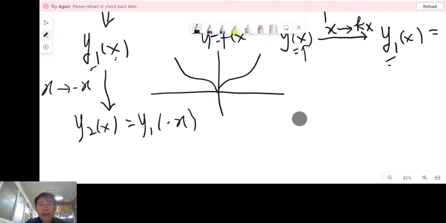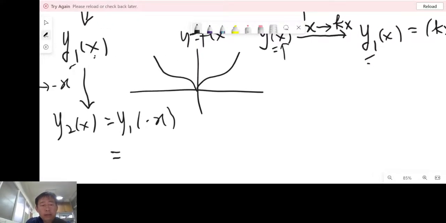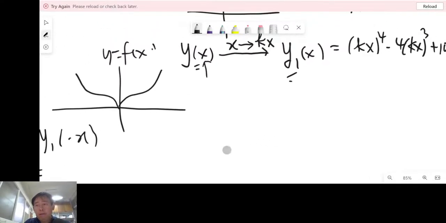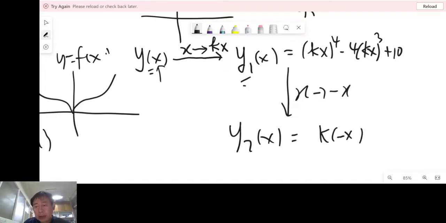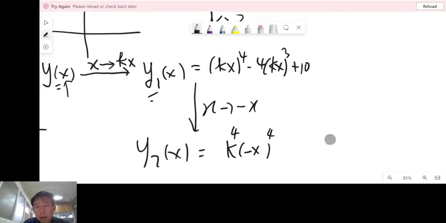So you can then find out the expression of y2 from this expression. Okay, so here if you replace all x by minus x, then you get y2, which equals k times minus x power 4 minus 4 k power 3 times minus x power 3 plus 10.